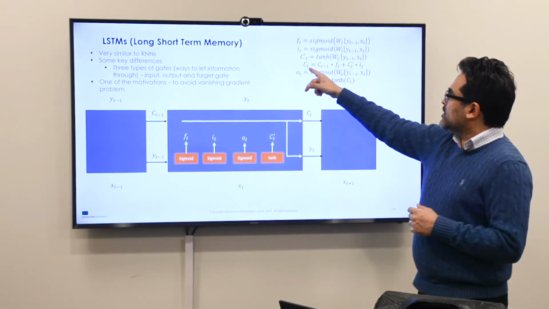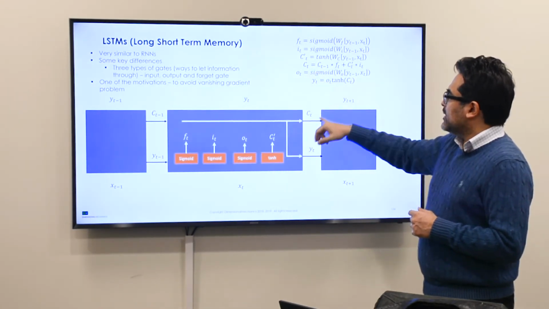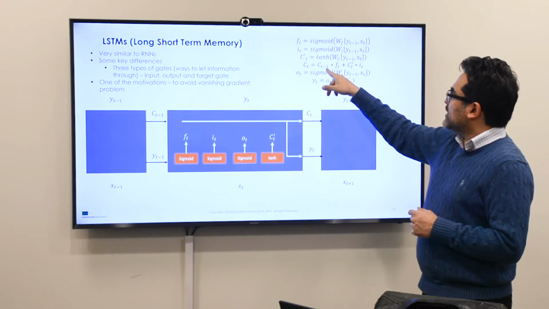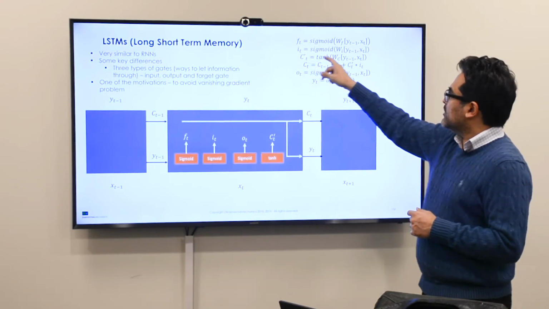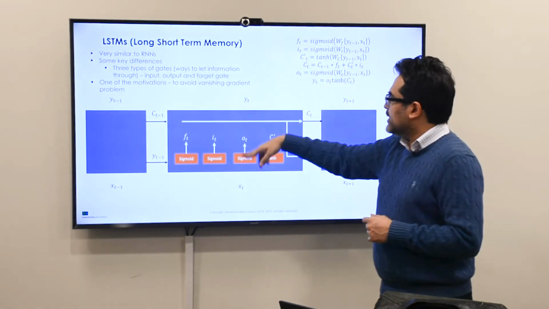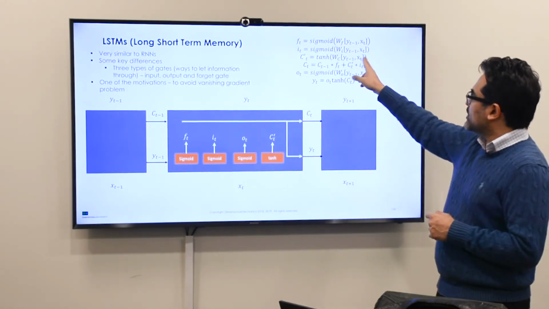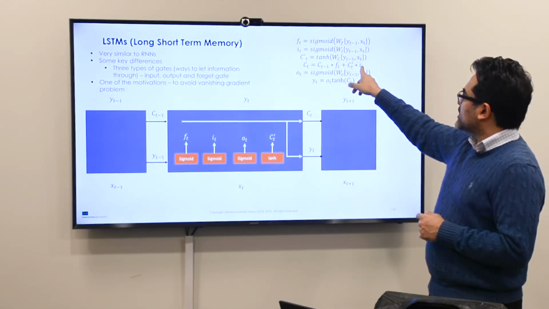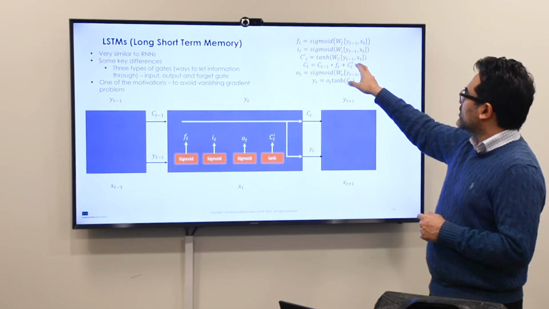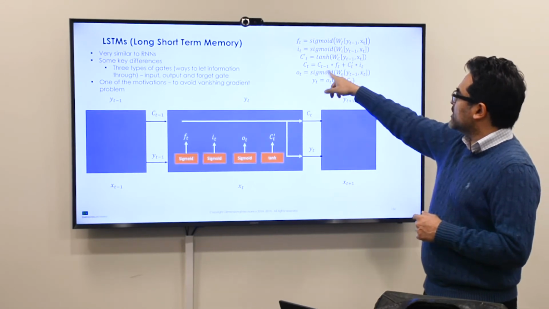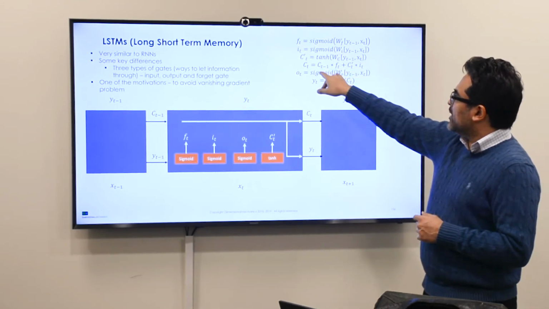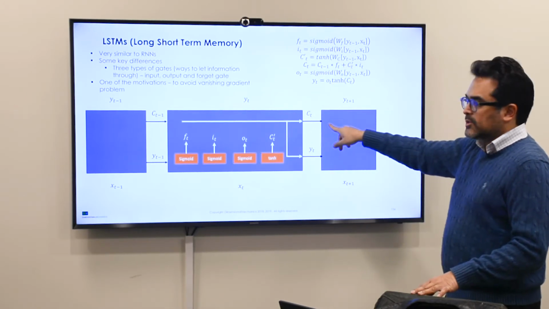Then the next thing you do is calculate the c t. You take c t minus 1 plus the value that is the state transformation, and the input gate is responsible for the input, so you multiply the two together, and that calculates the change of state.